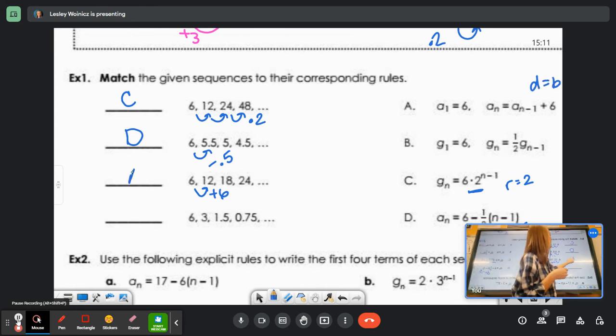That's A. And last but not least, this one, we are multiplying by 1/2, which is an r value of 1/2. That's this guy. So this is B. So it's not enough to say going down by half, because we could be subtracting a half every time, or we could be multiplying by a half every time. Either way, we're decreasing. Do you understand what I'm saying? So we have to be very specific with our language.